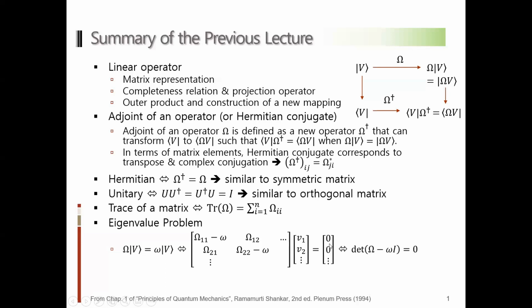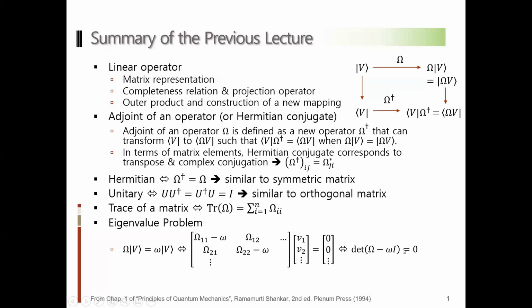And to make every component zero on the right-hand side, if we want to have any nontrivial solution satisfying this kind of multiplication problem, then the only way is that this matrix should not have an inverse matrix, and that requirement turns into the determinant problem.